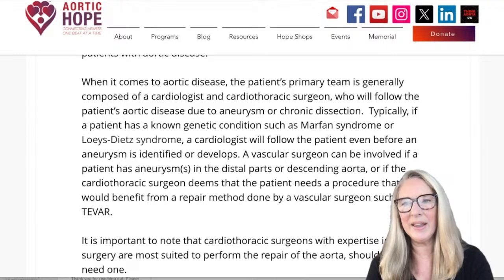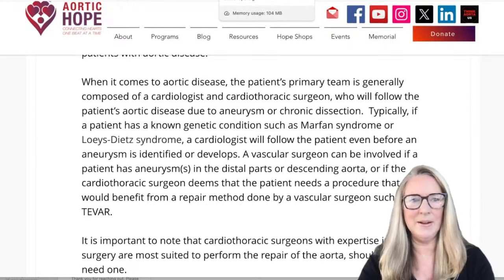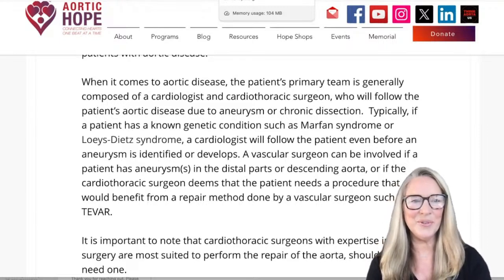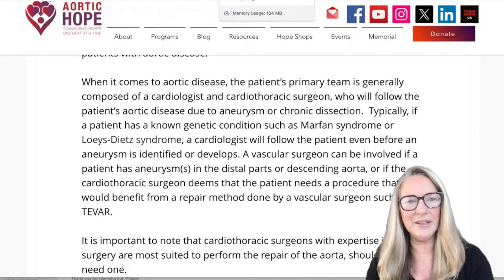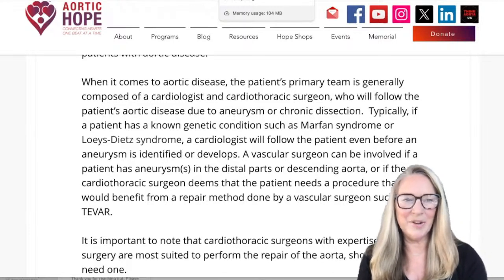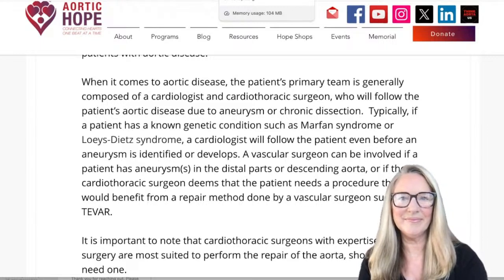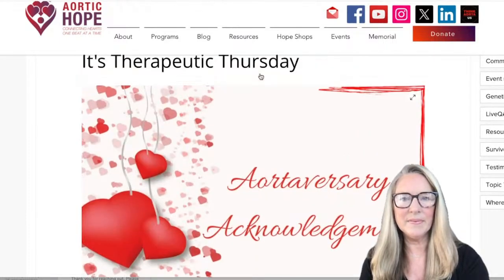I think it's neat also that they want to be a part of this kind of interaction between patients and doctors. So they're kind of doing a little education on their bedside manner, dealing with us and being part of Aortic Hope and the community. I think it might be embracing technology from that field too. Yeah. I think pretty soon we're going to start to see more and more doctors on YouTube channels.